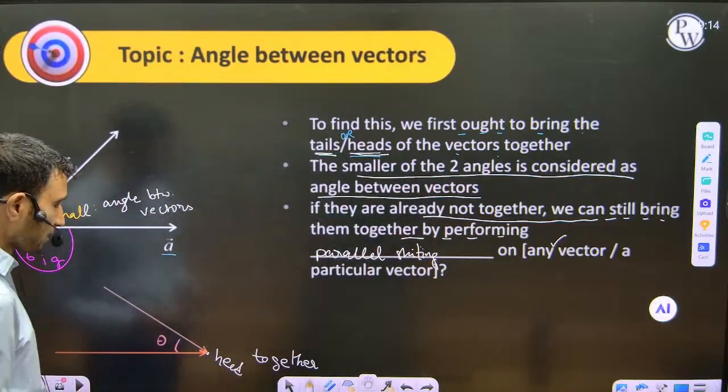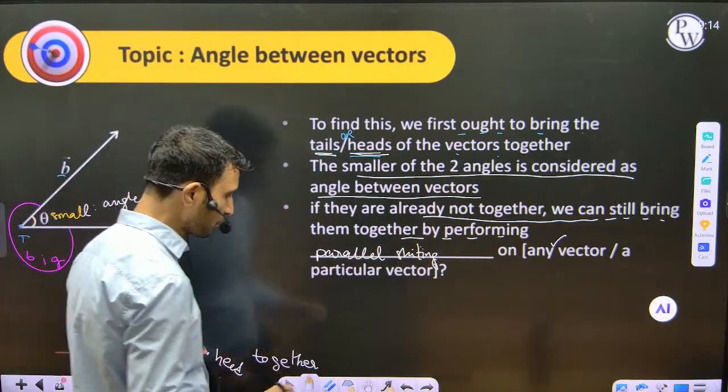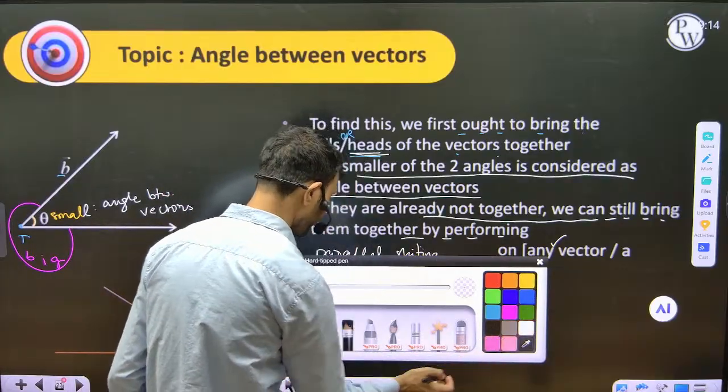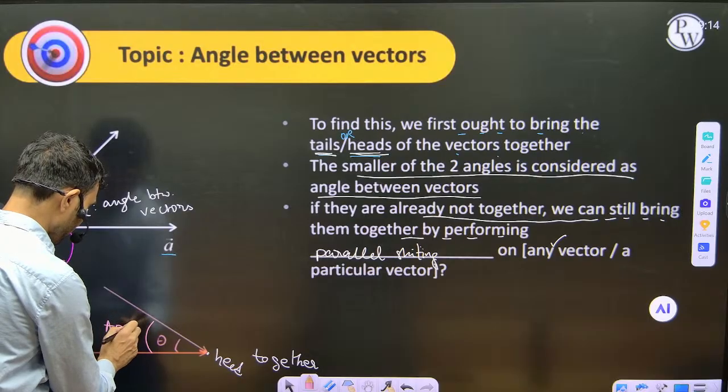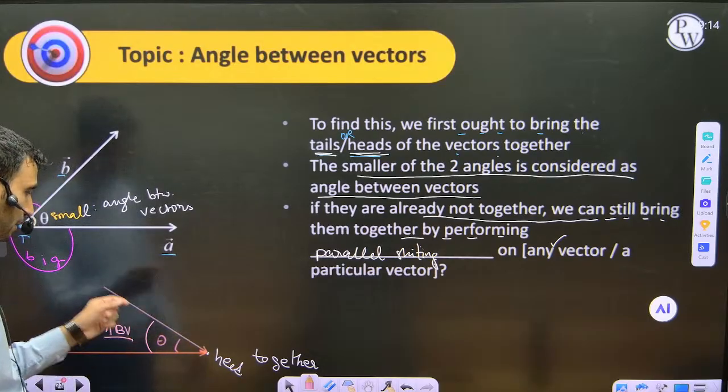So heads are together. So which is the angle between vectors? This is the angle between vectors, right? Angle between vectors is this angle.